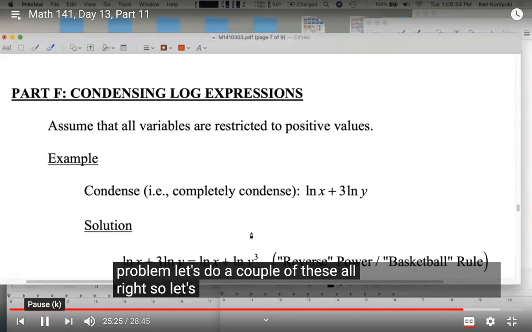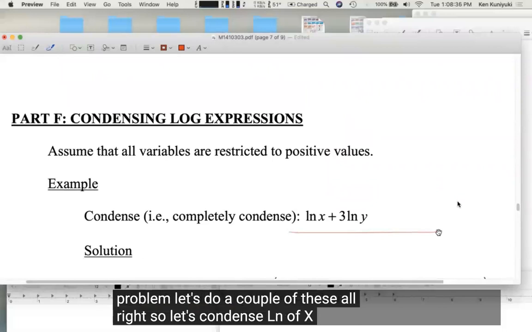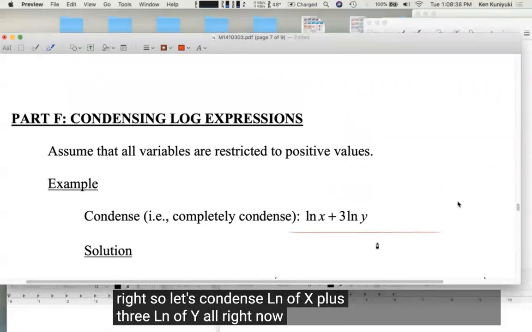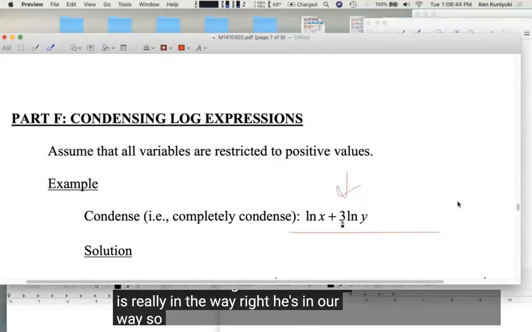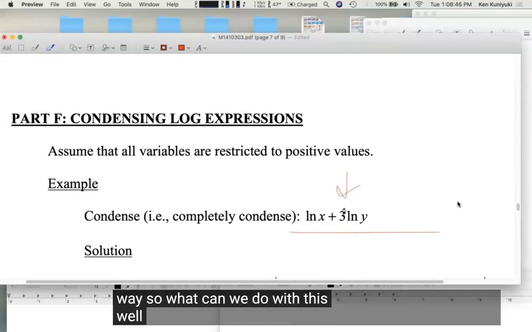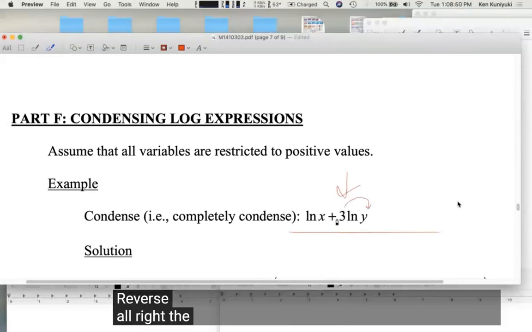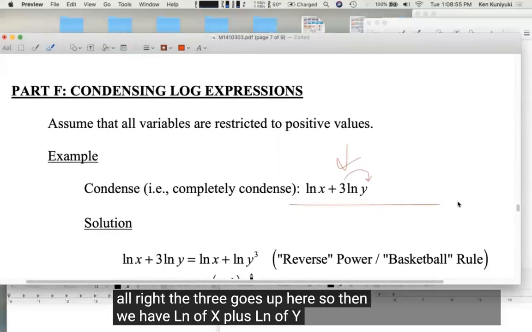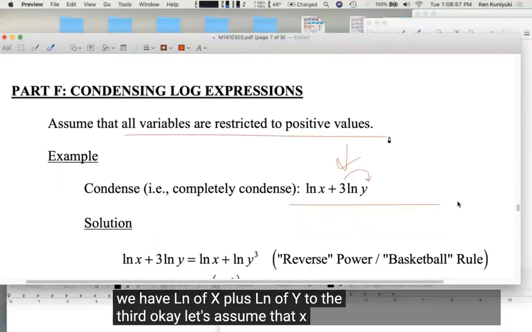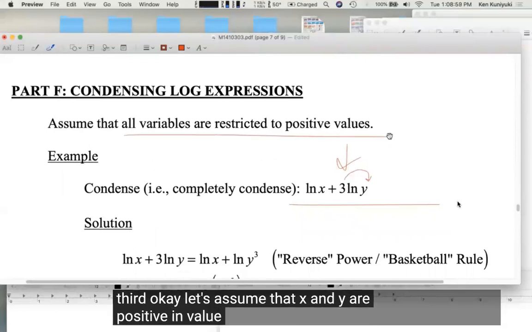We're almost done. Let's condense ln of x plus 3 ln of y. Now, this 3 is really in the way, right? So what can we do with this? Well, the power rule in reverse. The 3 goes up here. So then we have ln of x plus ln of y to the third. Again, let's assume that x and y are positive. Now what do we have?